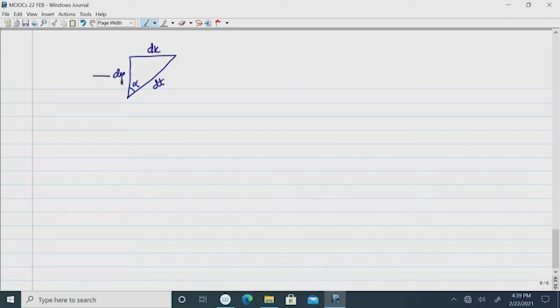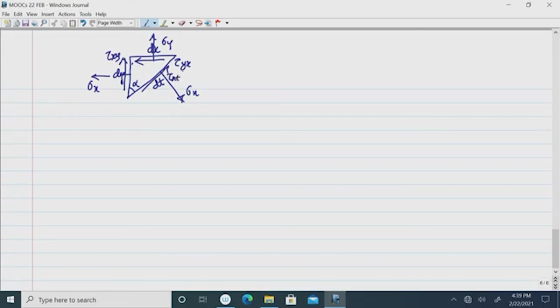So, this stress is sigma x, this normal stress is sigma y, and there is shear stress tau y x, and there is also shear stress tau x y. So, resolving tangentially along the tangent direction, this is sigma n and this is tau nt.